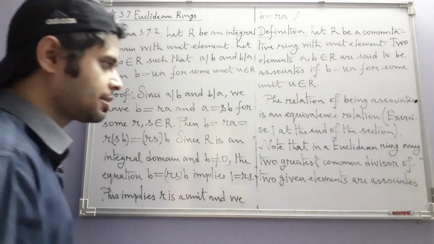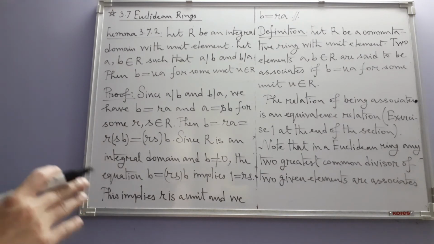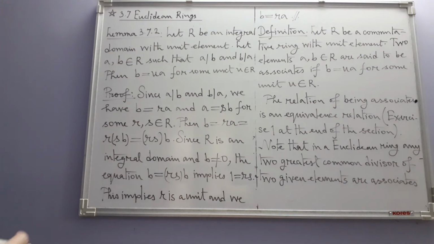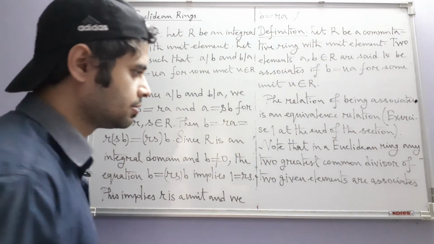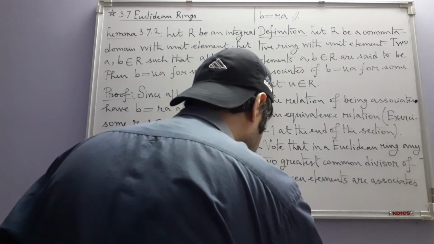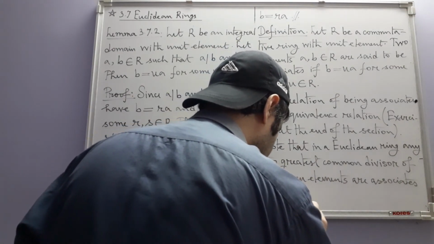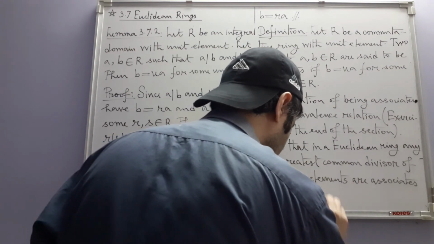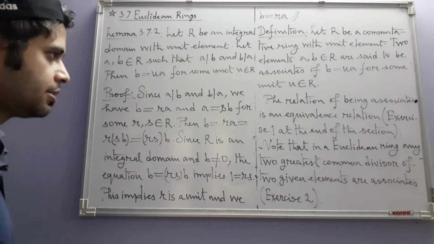So this tells us that once we have a greatest common divisor, by multiplying it by all the units we can create the other GCDs, and this is exercise 2. So this is not left to you to solve, we will do it here.